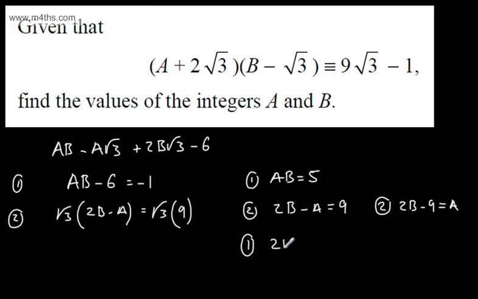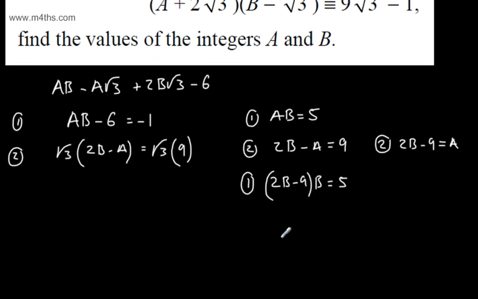So what I'm going to have is 2b minus 9, that is a, multiplied by b will be equal to 5. We're going to solve this quadratic equation for b, so I need to expand the brackets. 2b squared minus 9b is equal to 5, so subtracting the 5 from both sides, 2b squared minus 9b minus 5 is equal to 0. So that's a quadratic, it's in the form that we want, and it looks like I can factor this.